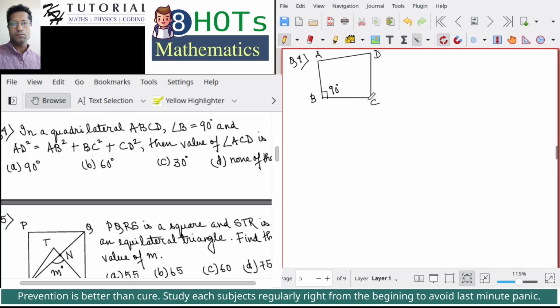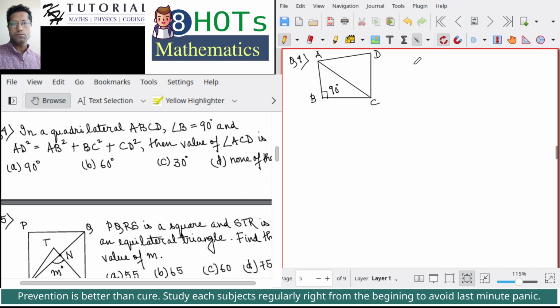Since angle B is 90 degrees, and AB square and BC square are involved, it is better we make the diagonal AC.